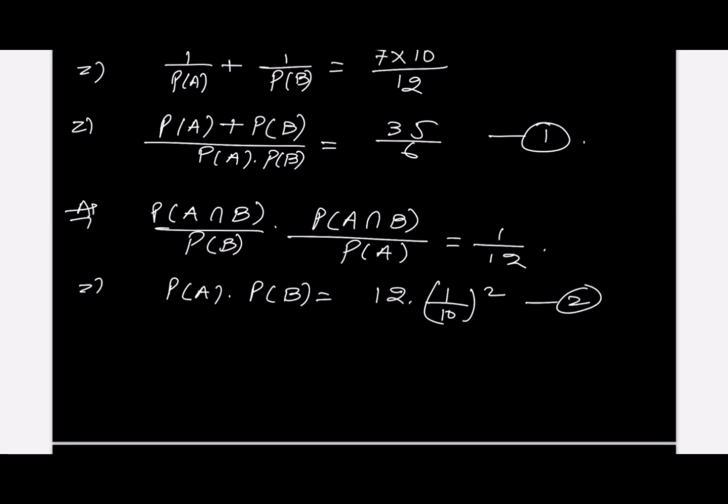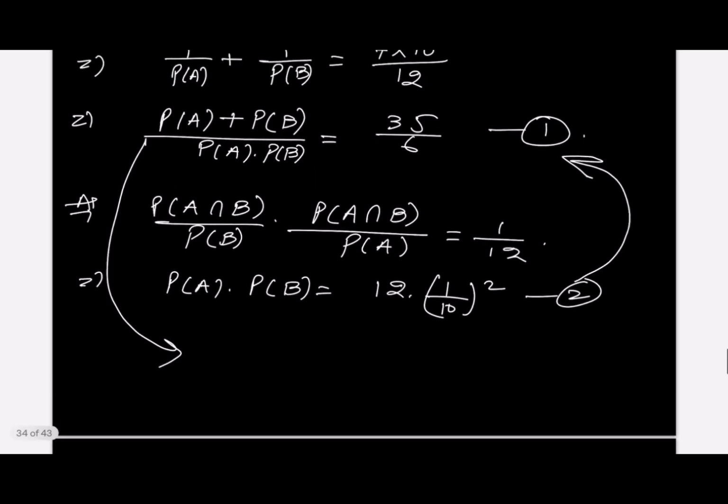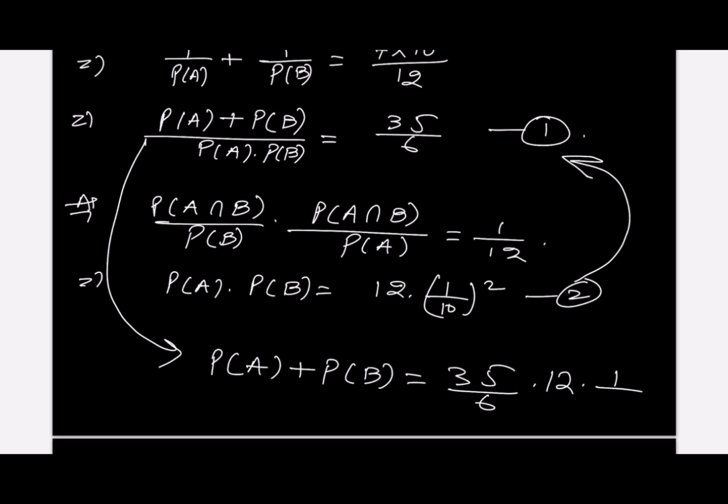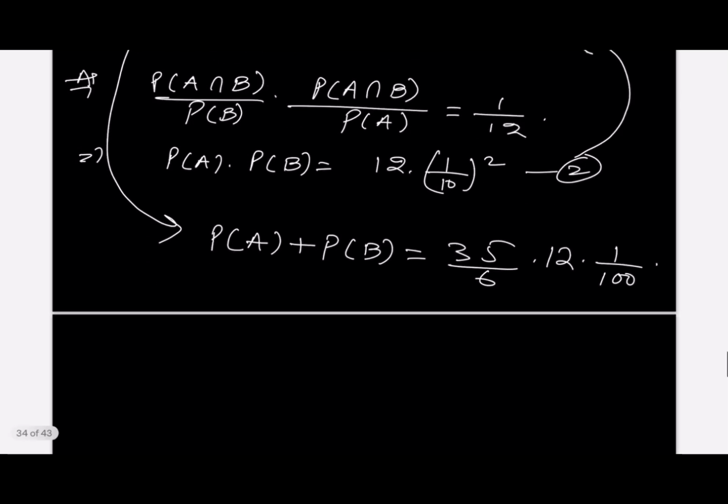If I put the value of P of A into P of B in 1, then what will I get? P of A plus P of B will be 35 by 6 into 12 into 1 by 100, right?